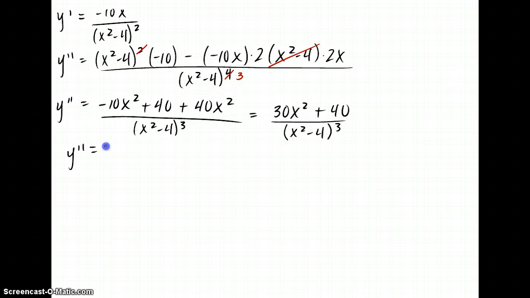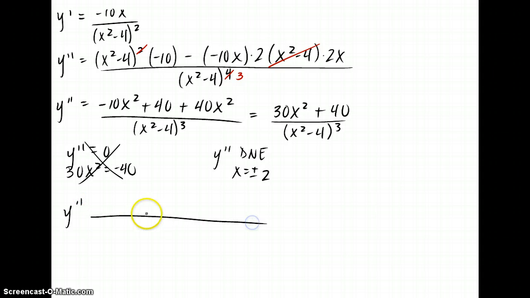where does the second derivative equal 0? We would be attempting to solve this equation, which doesn't exist. Where does the second derivative not exist? Plus and minus 2. Our numerator now will always be positive because we're squaring the value of x and then adding 40 to it.